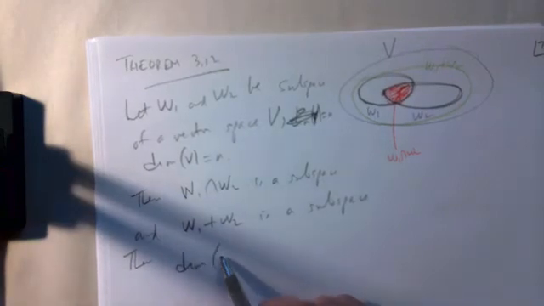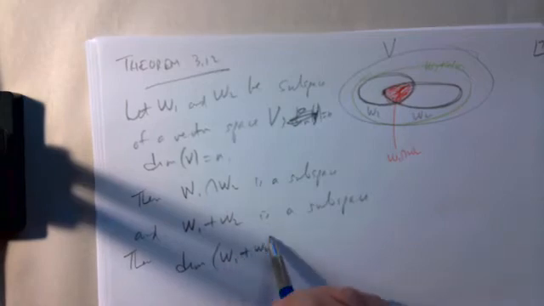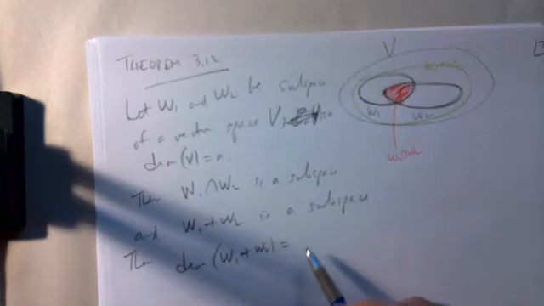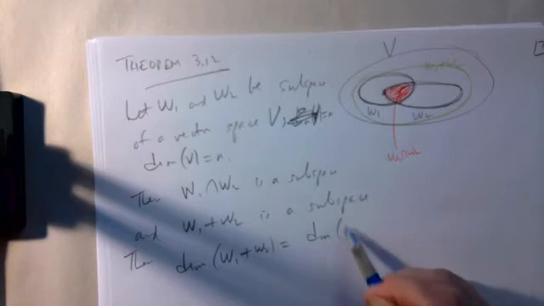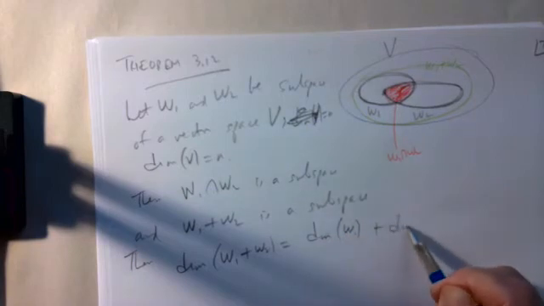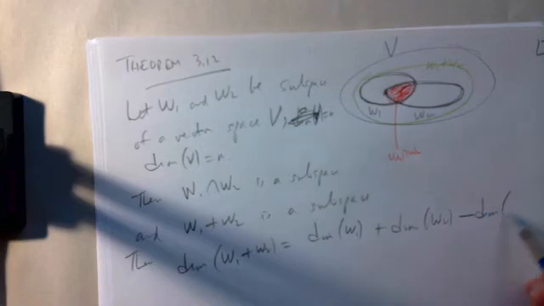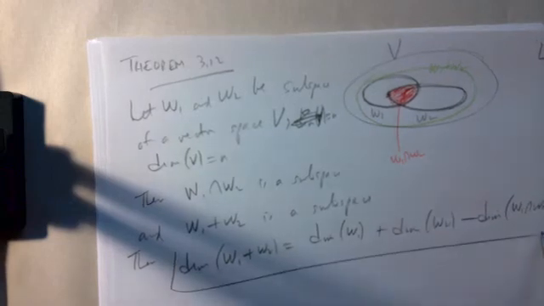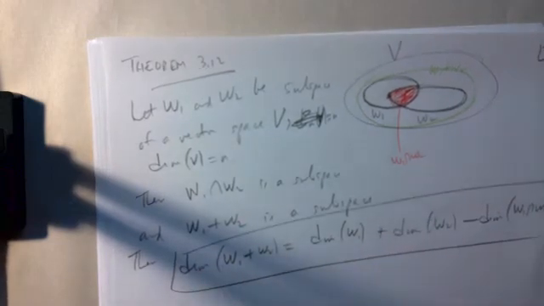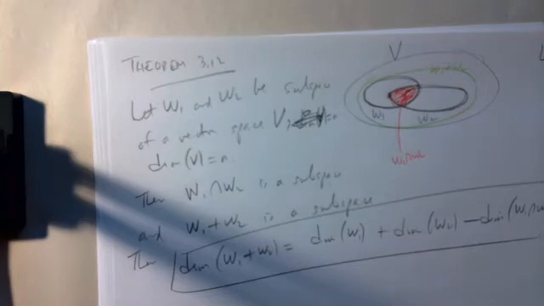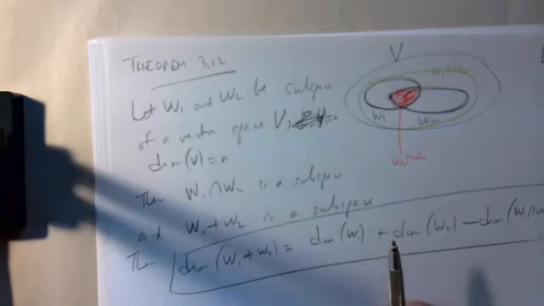And the theorem says the dimension of the sum W1 plus W2 is the dimension of W1 plus the dimension of W2 minus the dimension of the intersection of W1 and W2. So that's a very beautiful formula, and let me explain why that's true.